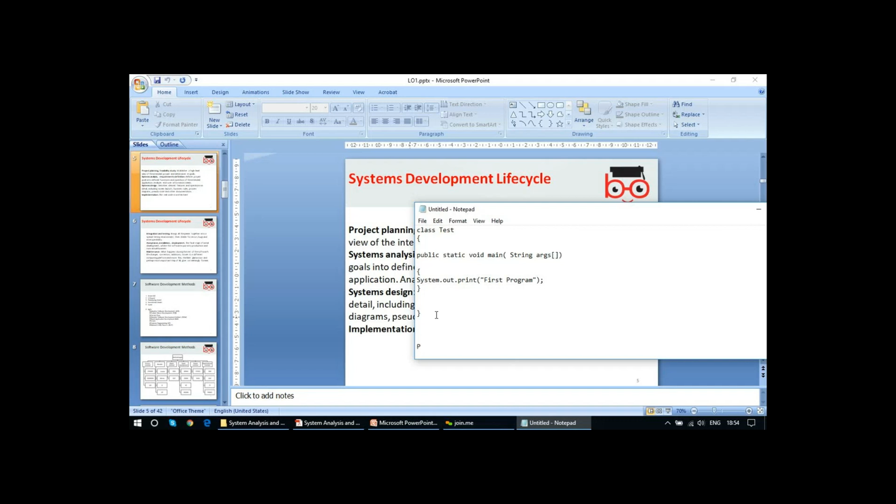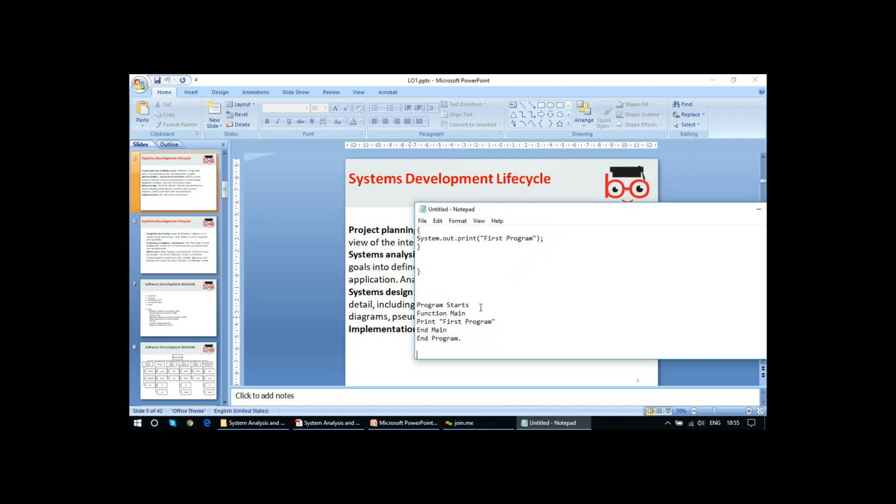Let's say: program starts, then function main, print, and end program.